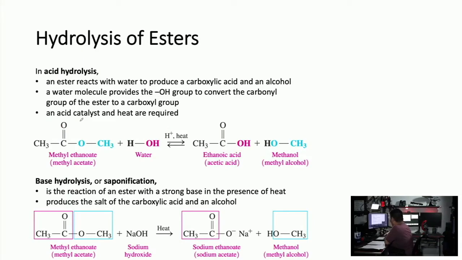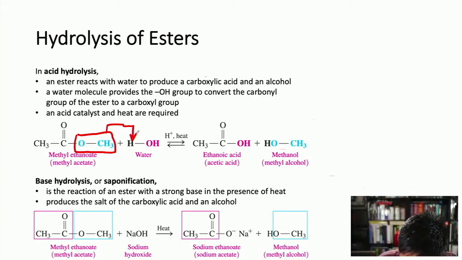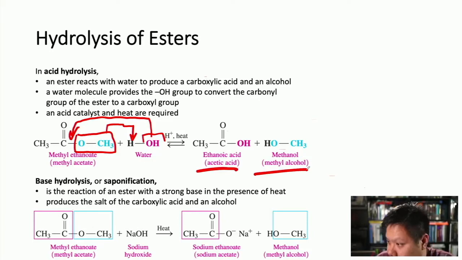So the OCH3 of the methanol recombines with the H from the water that we use, and then the OH from the water goes back to combine with the carbonyl of the carboxylic acid, and that's why we get ethanoic acid or acetic acid with methanol, right? With methanol.